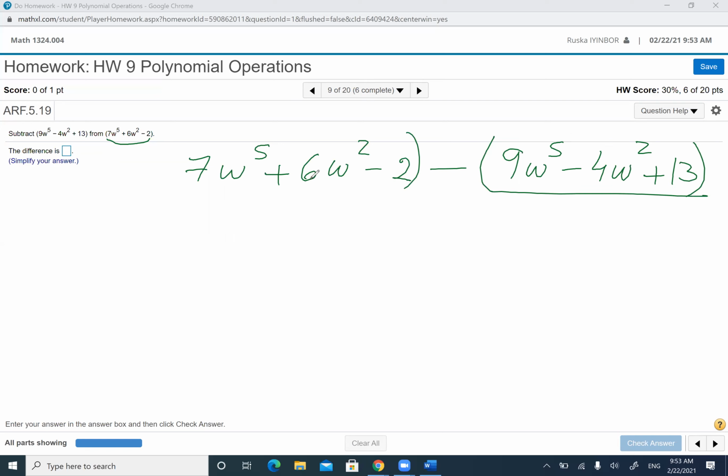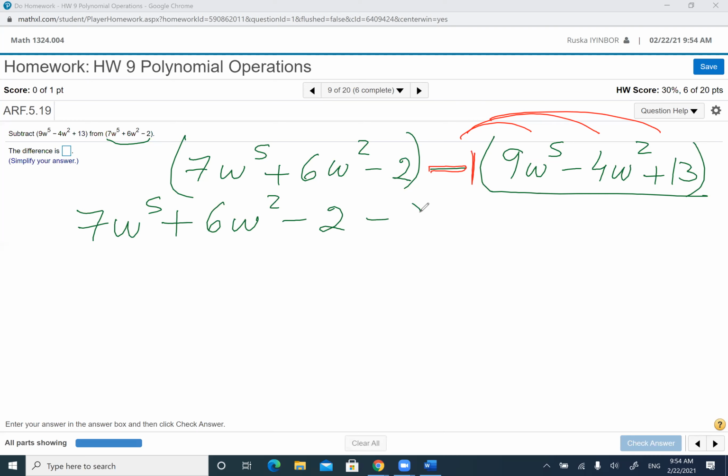The first parentheses are not important because they don't change anything, but the second is going to change everything because of the -1 in front. It's a common mistake. Don't forget the negative. Let's rewrite it: 7w fifth plus 6w squared minus 2, and then minus 9w fifth plus 4w squared minus 13.